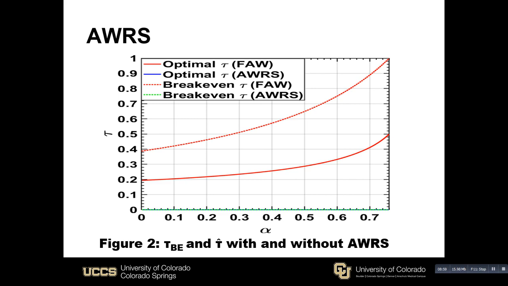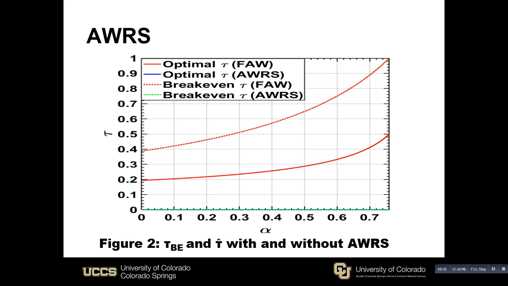If the victim pool doesn't enable AWRS, both the optimal tau and break-even tau are positive and grow with the attacker's computational capability alpha. But in contrast, if AWRS is enabled, then the optimal tau and break-even tau become 0, and the attacker's optimal strategy is not to use any power on the infiltration of the victim pool, but to do honest mining instead.